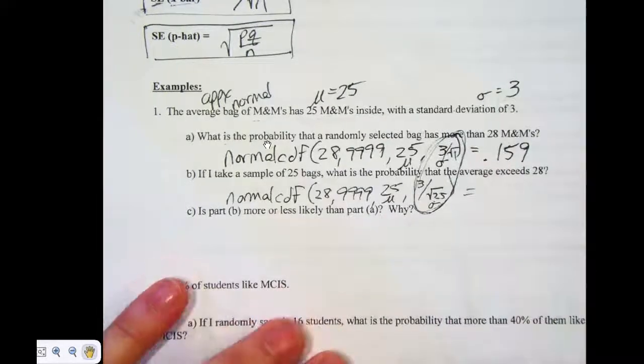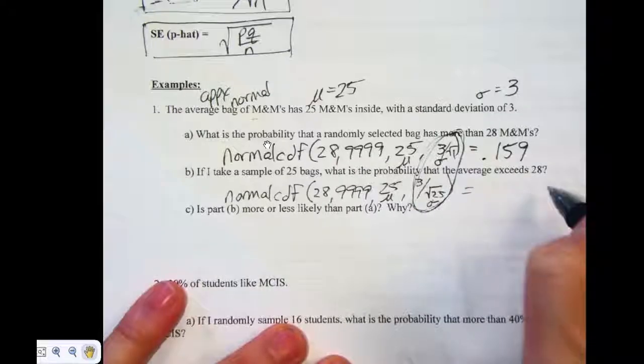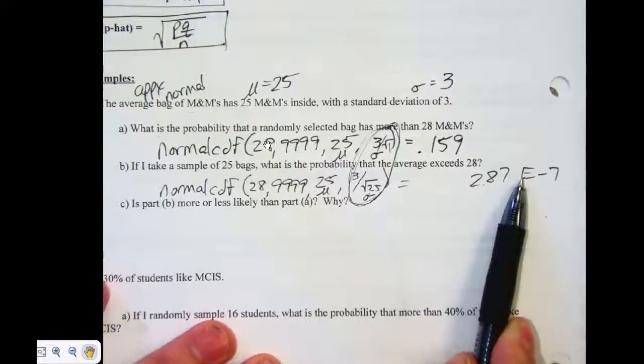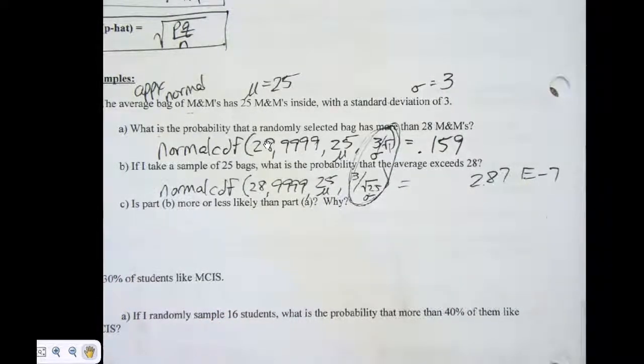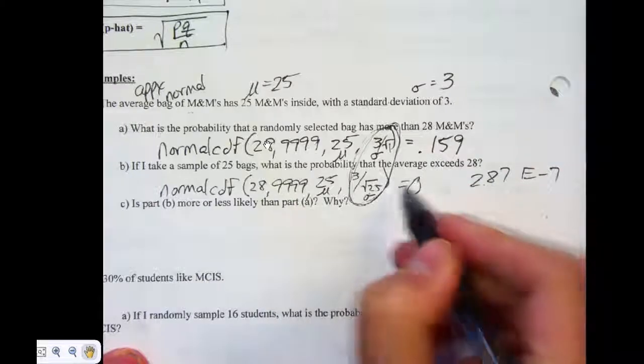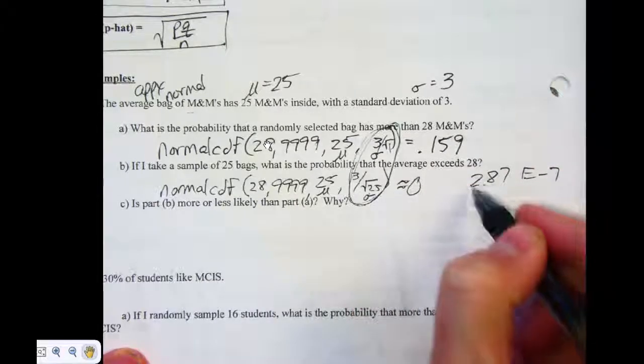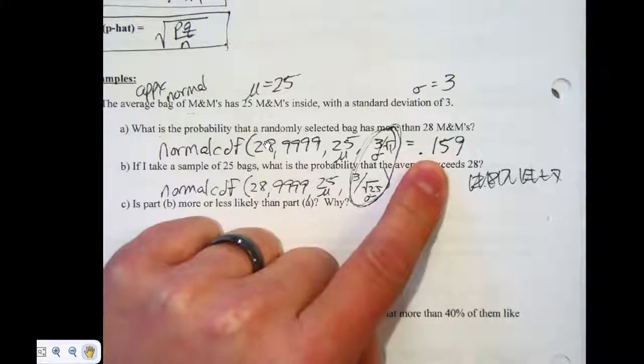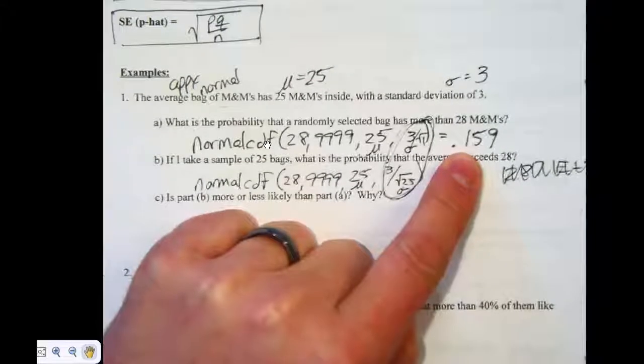So I get 2.87 times e to the negative 7. That means move the decimal over 7 spots to the left, so you got 6 zeros. So this is basically 0. So I would put approximately instead of equal. But could I get one bag that's a lot bigger than we expect?